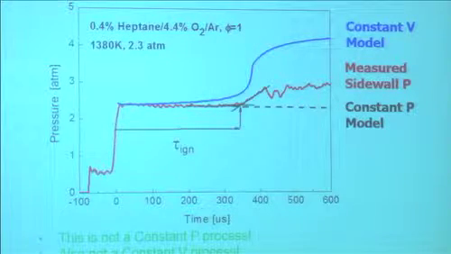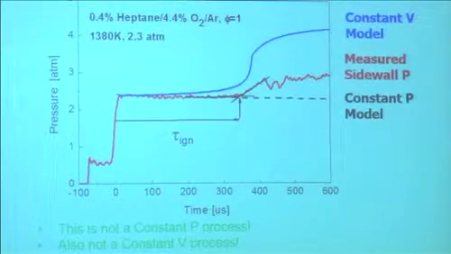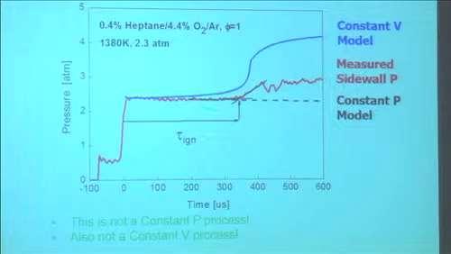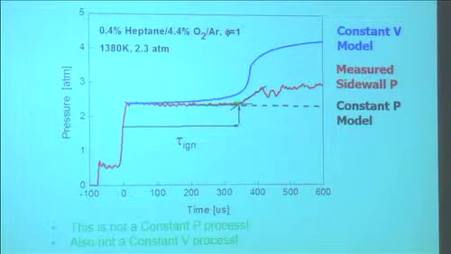It's obviously not constant volume. So what is it? Somewhere in between. So people have to stop using a constant volume model past here. You might get away with it out to about here. You cannot get away with it afterwards. You'd be okay if there was only 4 ppm of heptane in there, but not at 4,000. And this isn't even air. I mean, this is 4% oxygen. So this is a new problem.